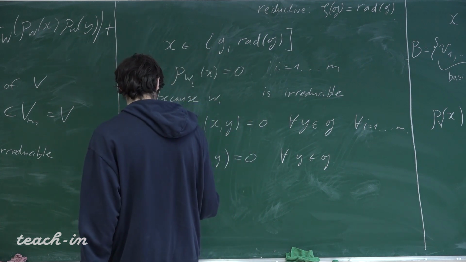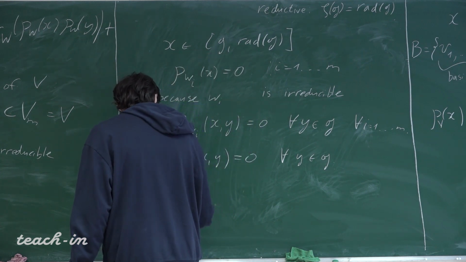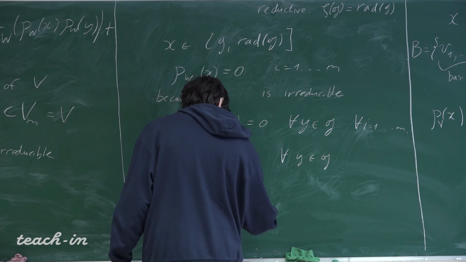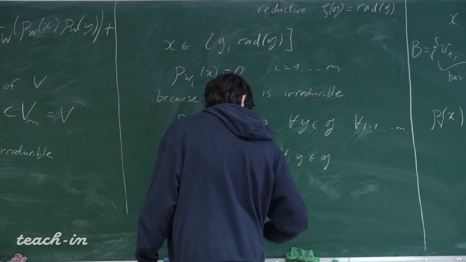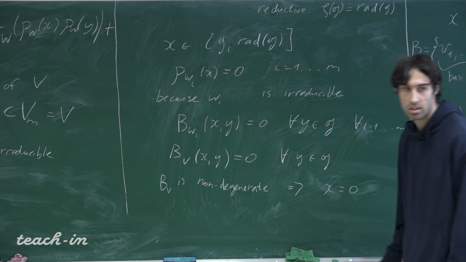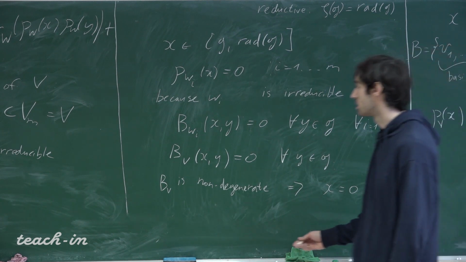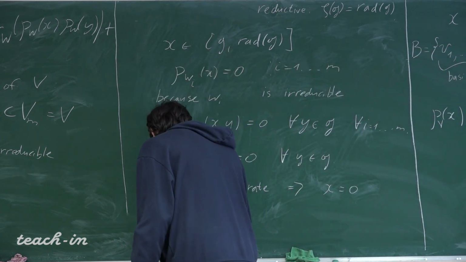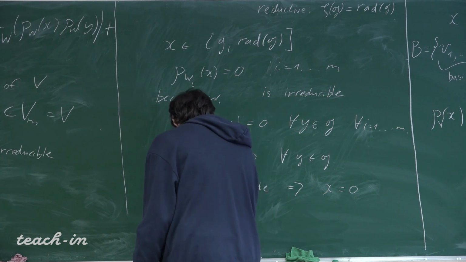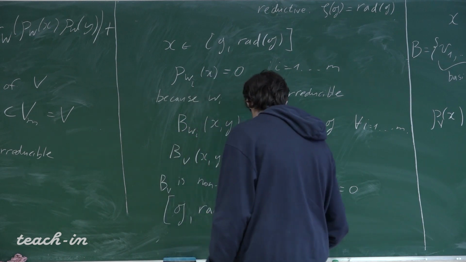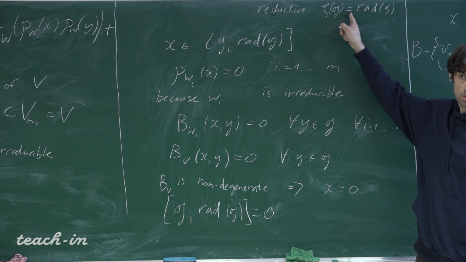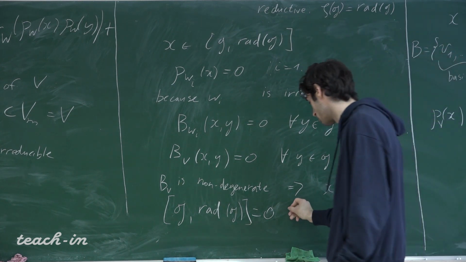So therefore, Bv is non-degenerate. Therefore, x is 0. So this means that the commutant of G in radical G is 0, and we are done. So this is the same as this. So G is reductive.